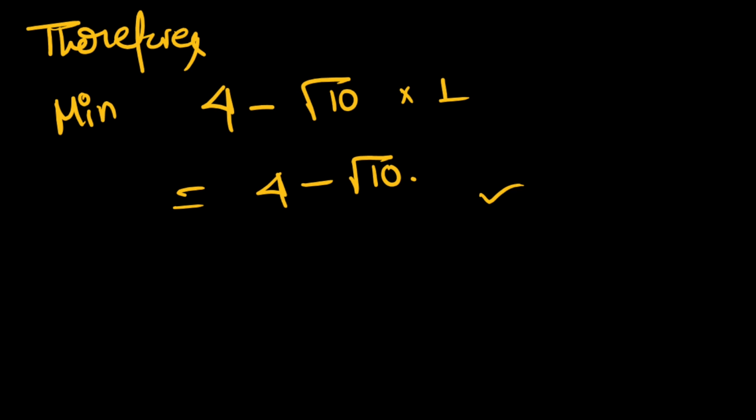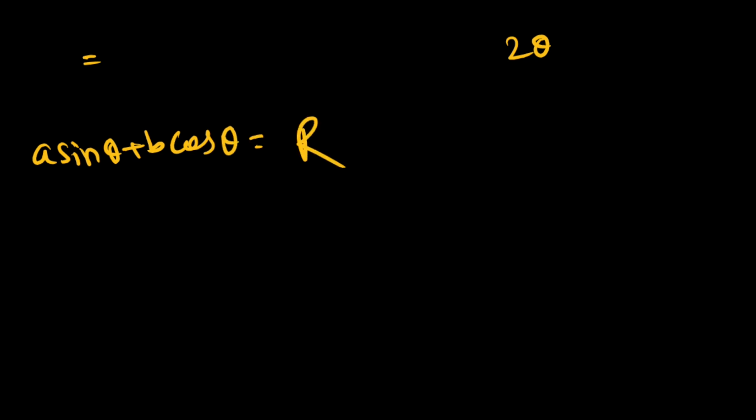The question asked, what is the least value of the given function? Least value means minimum value, 4 minus root under 10. Overall, in this question we just write our function in terms of 2 theta and use the technique of writing a sin theta plus b cos theta in the r sin of theta plus alpha form.